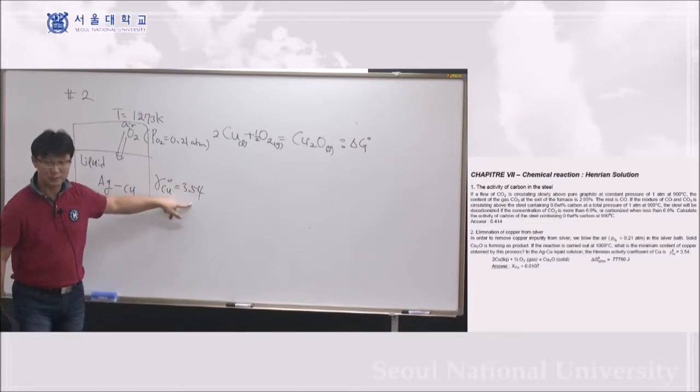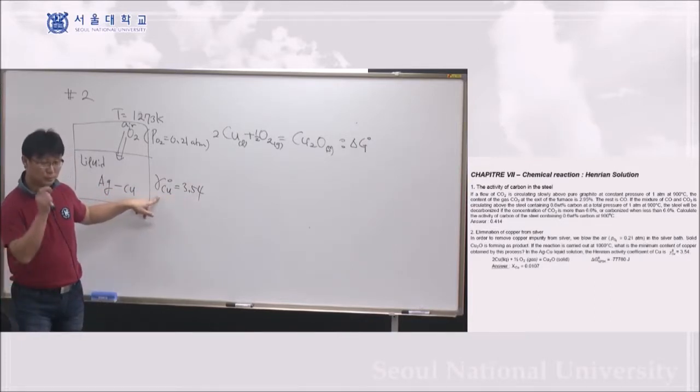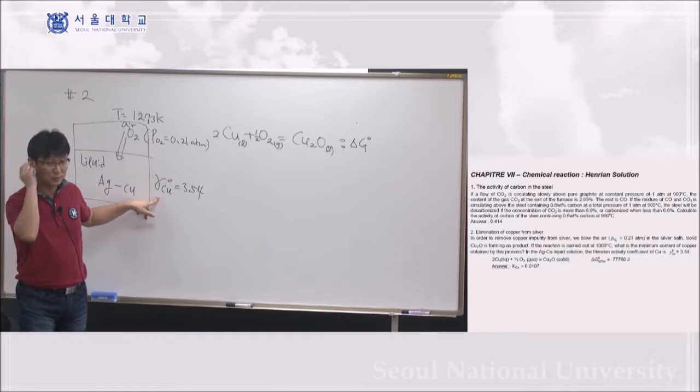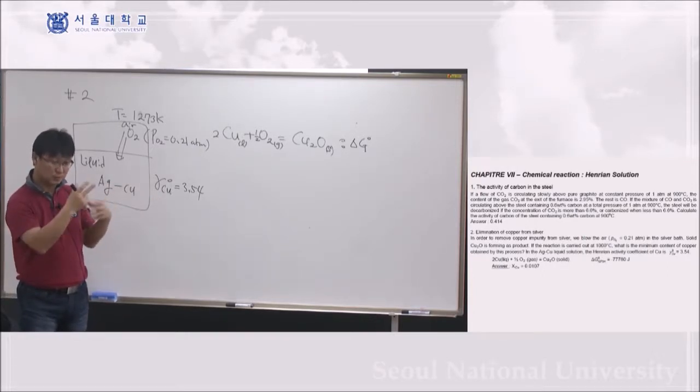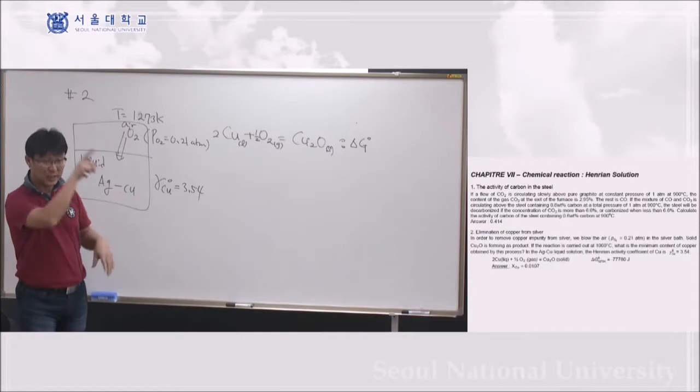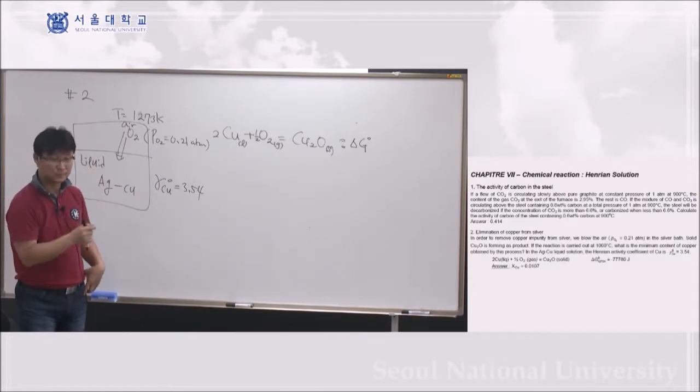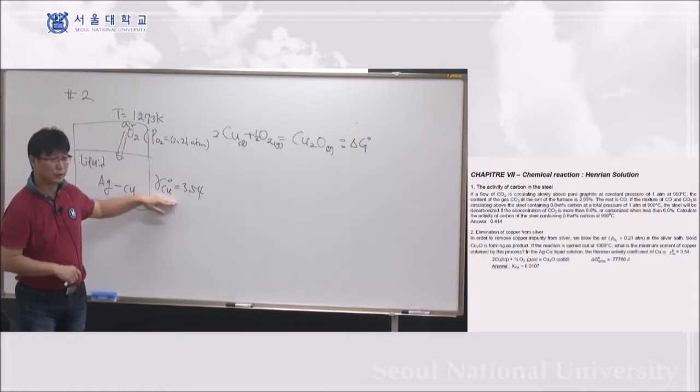Depending on the system, the Henrian activity coefficient for the same element will differ, because it is determined by the interaction between the solute atom and the solvent atoms. So this depends on the solution.